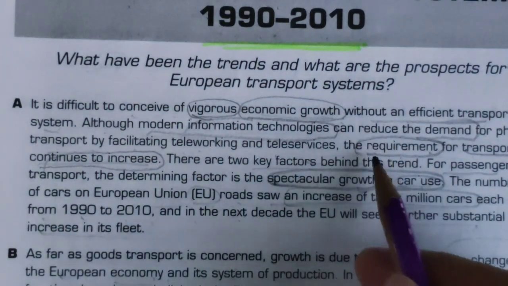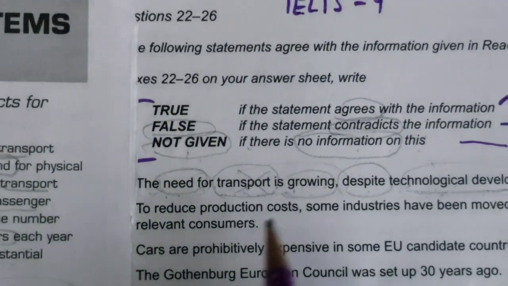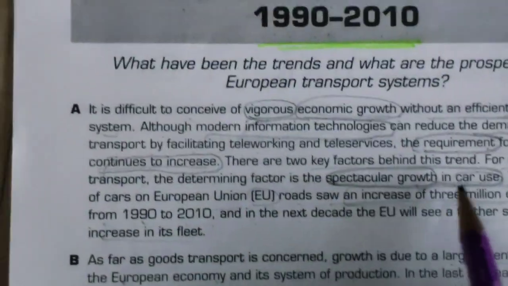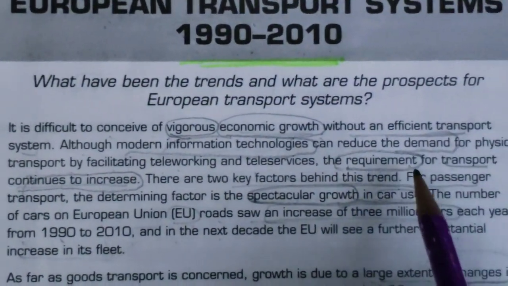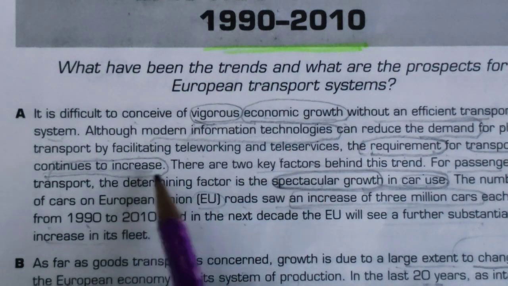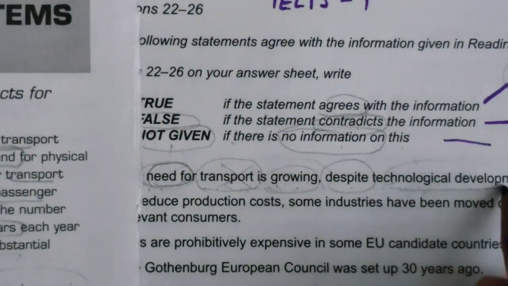So yes, of course, we have found the answer. Requirement here means need for transport is growing, where it is written the requirement for transport continues to increase. So we have found the answer, and they are talking about despite technological developments.